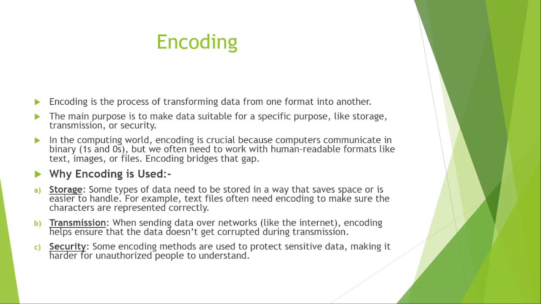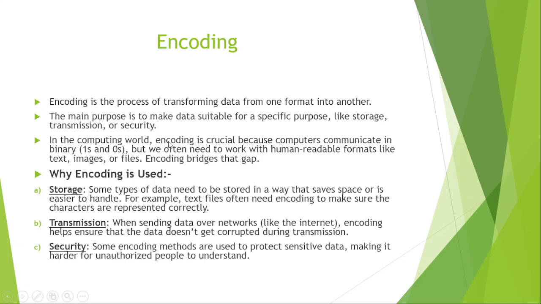Whatever we type on the keyboard gets converted into 0 and 1. Further, when the computer sends output, it sends it in the form of 0 and 1, but we have an interpreter that converts the 0 and 1 into the English language so that the user can understand. That bridges the gap between the computer and the human, and all of that is achieved with the help of encoding.